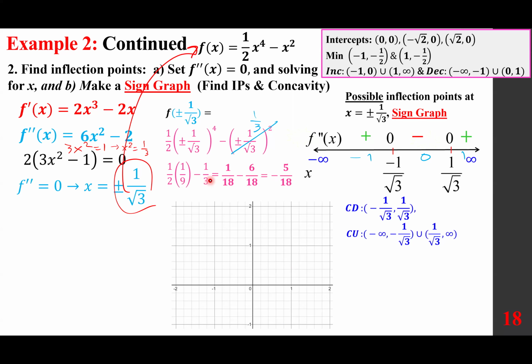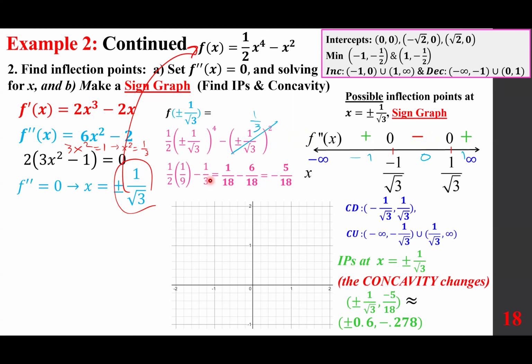So we get minus 5 over 18. And we got our IPs at plus or minus 1 over square root of 3, comma, minus 5 over 18, precisely. And this is for the sake of graphing, everybody: plus or minus 0.6, negative, let's say 0.3, for the sake of graphing.